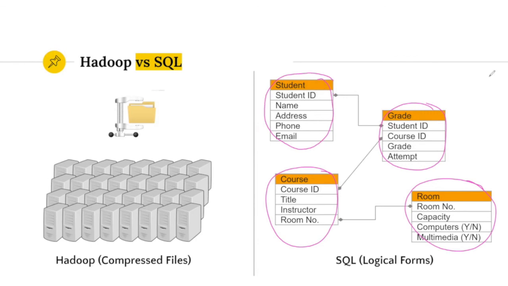So for example, if you call a variable student ID, then the same thing should still be called student ID in many other salad bowls, right?